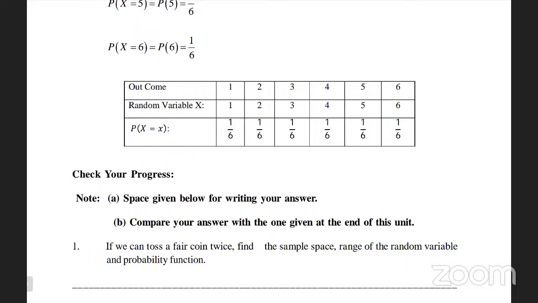So favorable cases by exhaustive cases is called the probability. I have only 1 possibility out of 6, so 1 by 6 is the probability. Similarly, I take the number 5. How many 5s do we have on the die? 1 out of 6. So 1 by 6 is the probability.